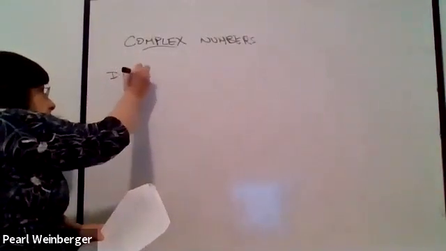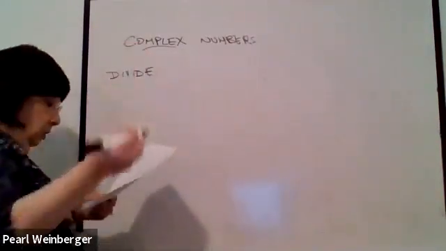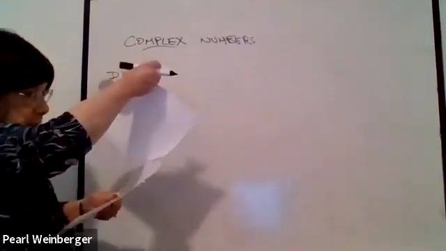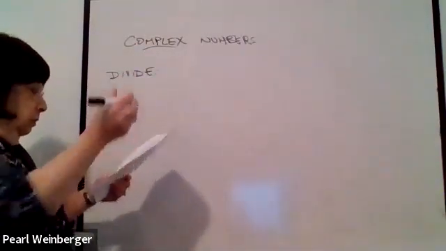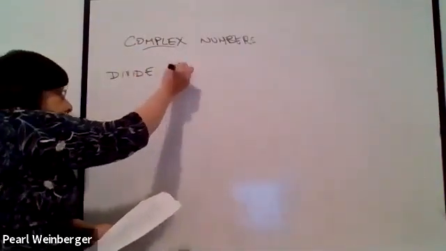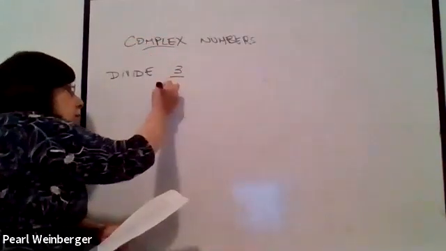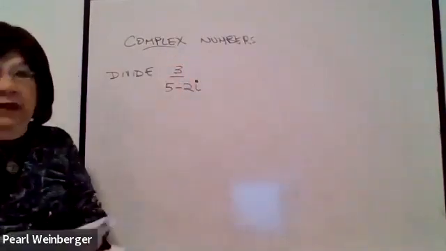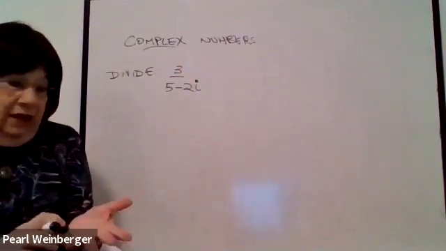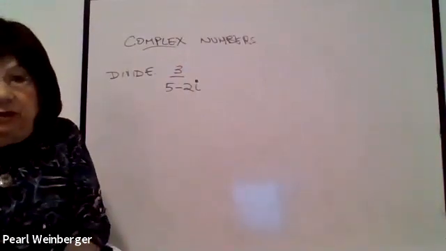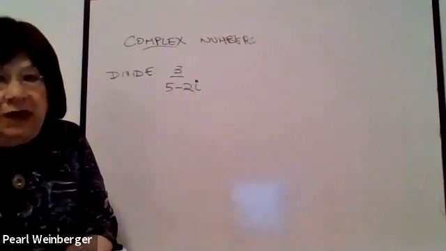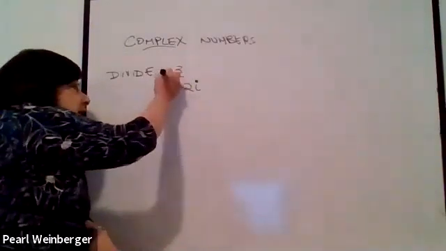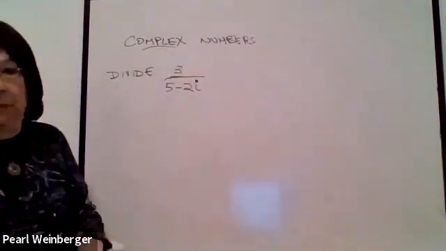Suppose I said divide 3 over 5 minus 2i. We just did adding, subtracting, and multiplying. What happens if I ask you to divide? In other words, what if I give you a fraction that has an i in it, and specifically where the i is in the denominator, in the bottom?